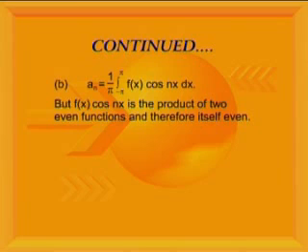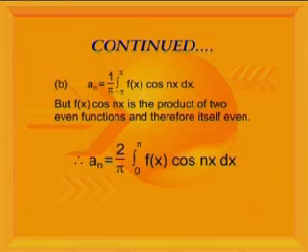So even into even is even. Therefore we are integrating an even function from minus pi to pi, so a_n is equal to 2 over pi into the integral of f(x) cosine nx dx, x from 0 to pi. In this way we can calculate a_n.